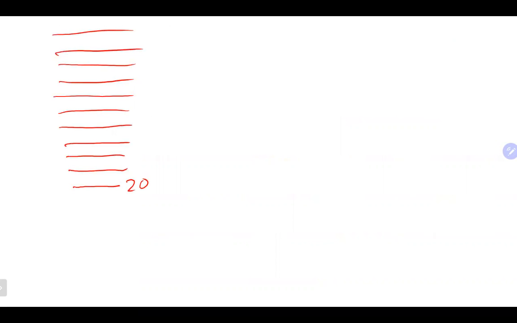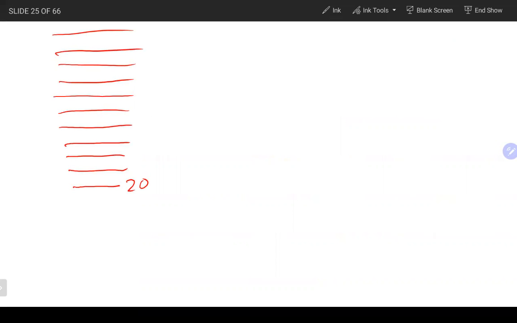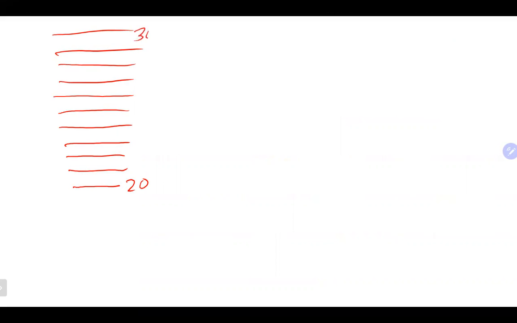So for example, if we had some type of liquid in there, with that curvature, if we were to take our reading, we would want to read from the bottom of the meniscus.